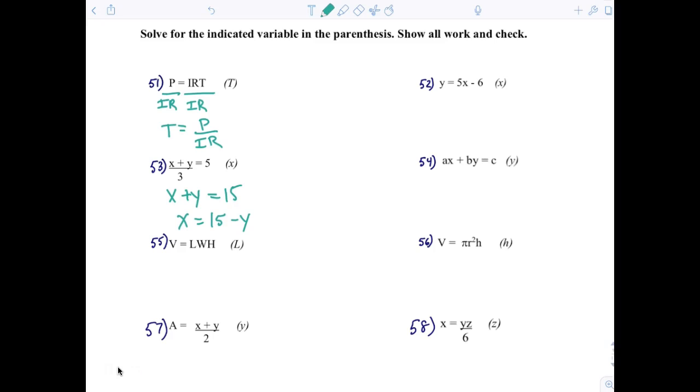Either way. Why do you need to have minus y again? Well, because remember, I'm moving. Look, this y right now is positive. If I move it to the other side, it becomes what? Negative. And that's why it's negative right there. Okay? I do not like this one. That section.